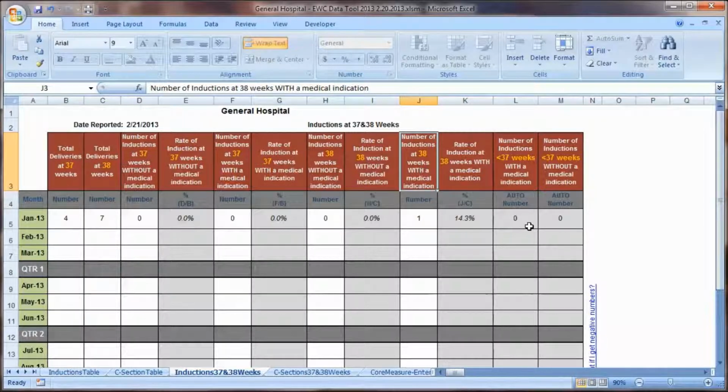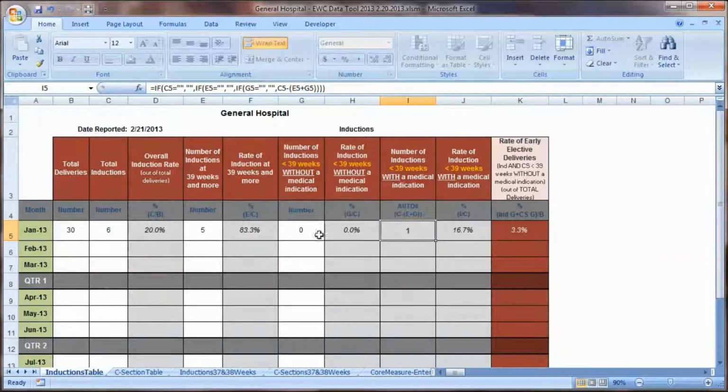Columns L and M are auto-calculated to determine the number of inductions less than 37 weeks with or without a medical indication. These two columns grab information from the first inductions table. For instance, in column I, we indicated that there was one induction less than 39 weeks with a medical indication.